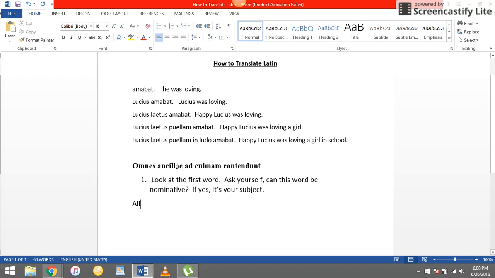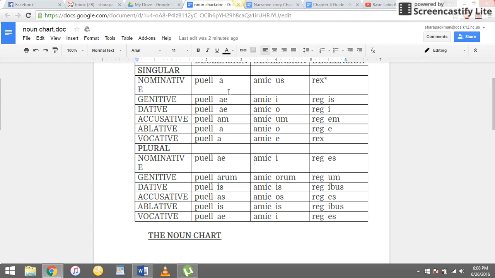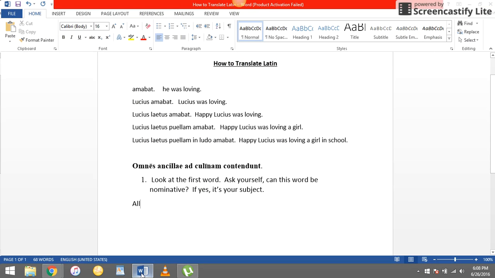Can AE be a nominative ending? And it'll have to be plural because we already saw that the adjective was plural. So let's look back. Here it is right here. So it can be a nominative ending. So that's your nominative noun that goes with your adjective. So it's all the what? Slave girls. That's the subject of your sentence.